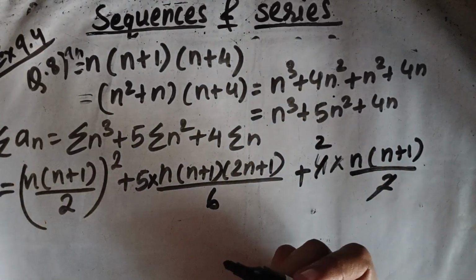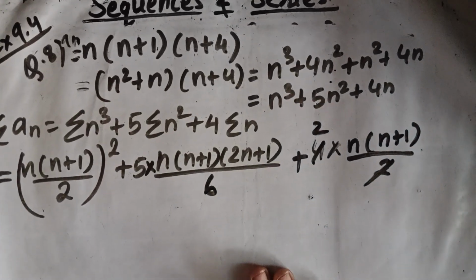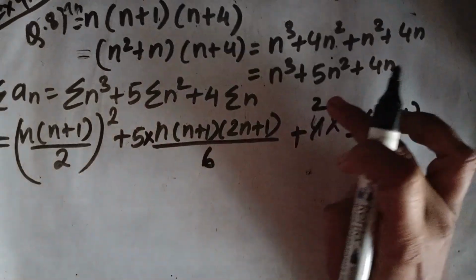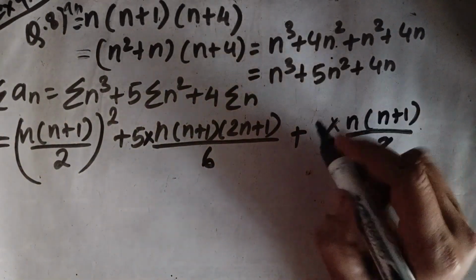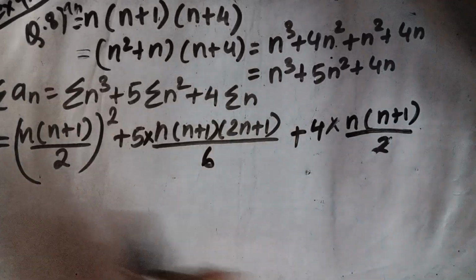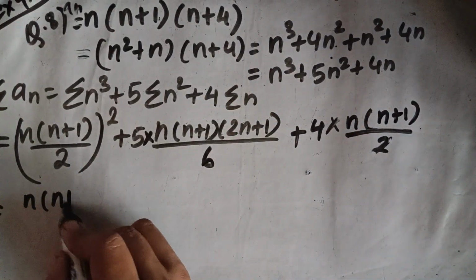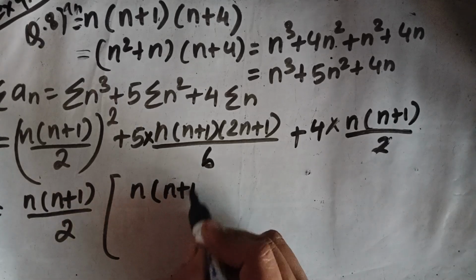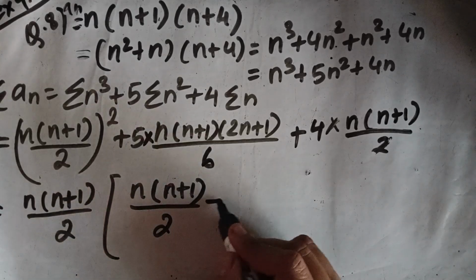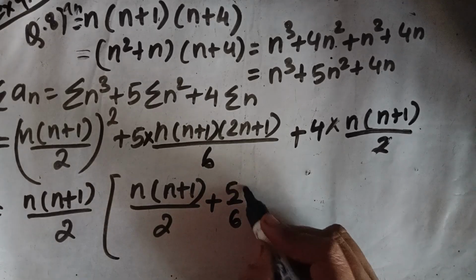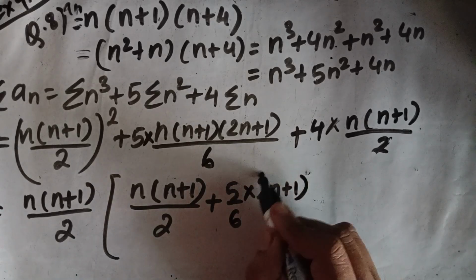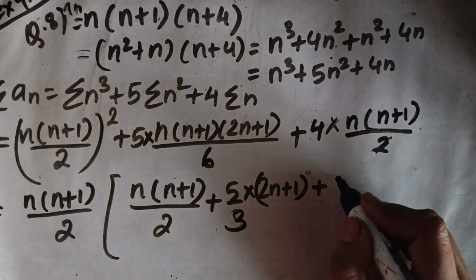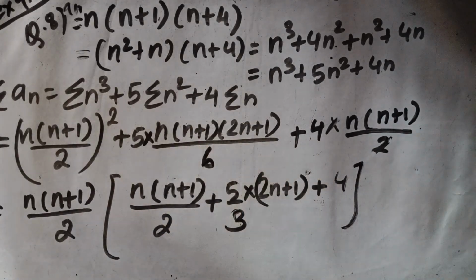2 2s are 4. So here you can take 2 common if you don't cancel this. n into n plus 1 divided by 2. So here n into n plus 1 divided by 2 plus 5 by 6 into 2n plus 1. 2 is outside, so 3, 4. Okay.